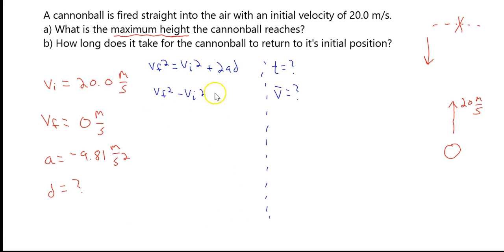So if I rearrange this equation, because I'm solving for displacement, I get Vf squared minus Vi squared over 2a.